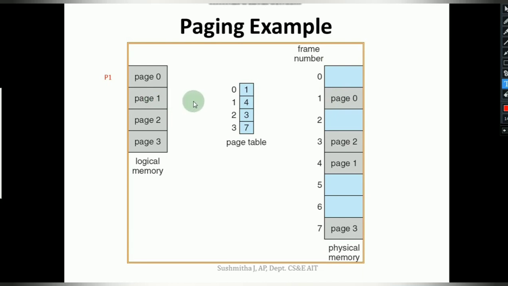And where do I have page 1? Page 1 is in frame 4. Let me just mark it. So I have this mapping here.